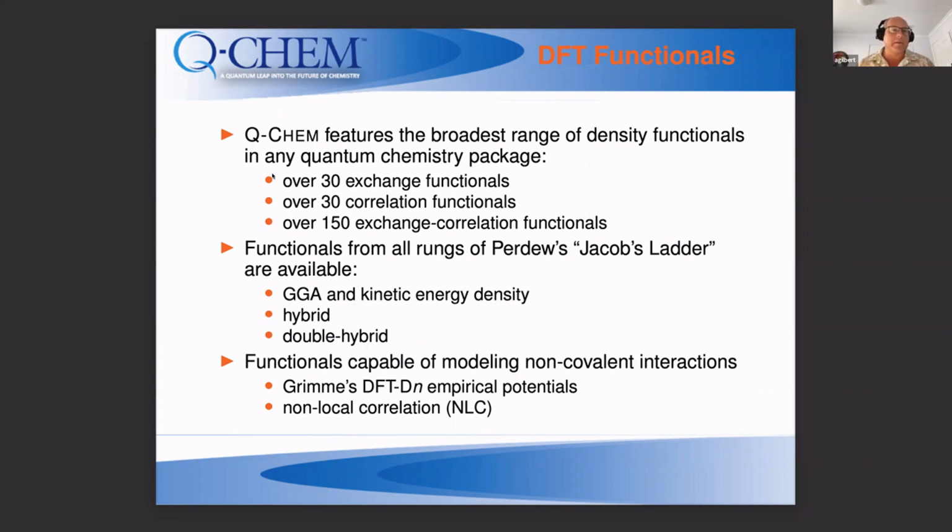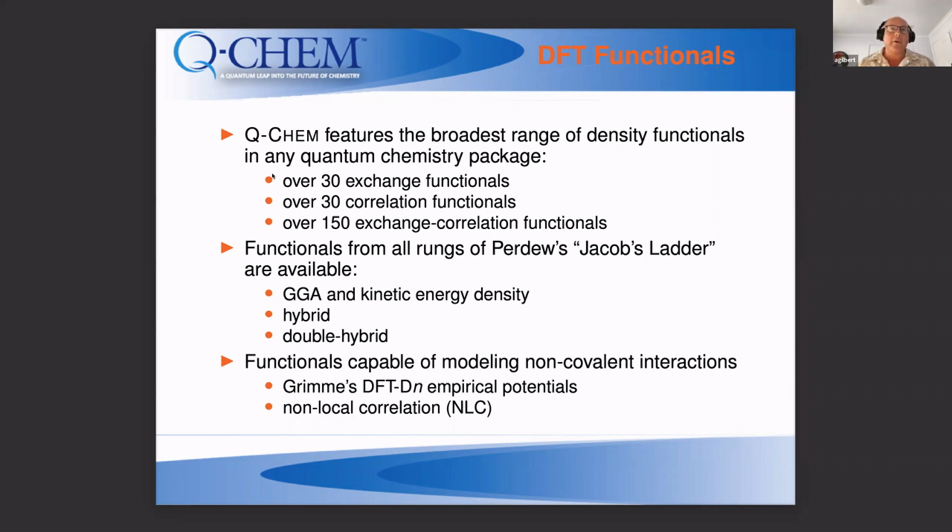I think Q-Chem has the largest range of density functionals available in any quantum chemistry package. This includes over 30 exchange functionals, 30 correlation functionals, and 150 exchange-correlation functionals, where the exchange and correlation are combined together. So that really should satisfy anybody.